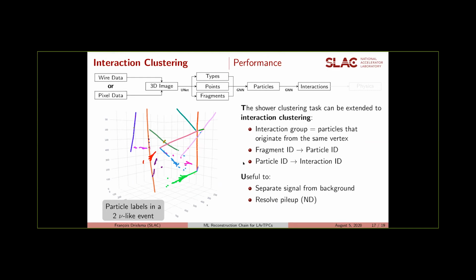So what we do is leverage the graph neural network that I presented earlier, but instead of trying to put fragments together into particles, we try to put particles together into interactions. We'd like the network to say that an edge is on if it connects two particles that belong to the same interaction. Of course, this is crucial to separate the signal from the background and also to resolve neutrino pileup.